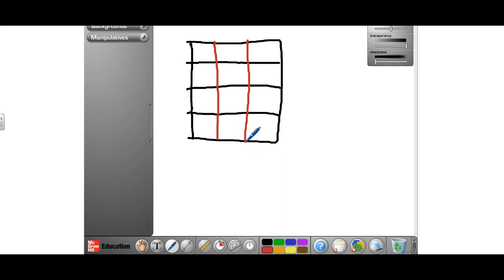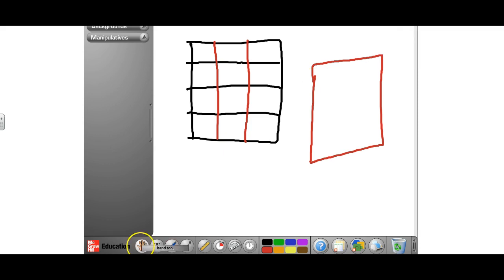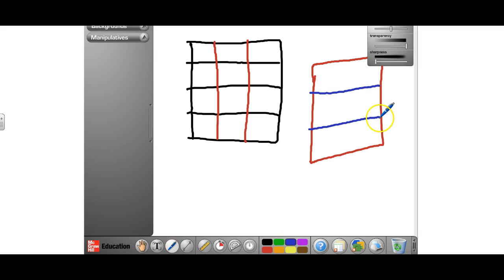Now they said, what happens if we actually tilt it or turn it? Okay. So if I turn it, how many rows do I have now? 3. Three rows, right? And then how many in each row now if I turned it? 4.